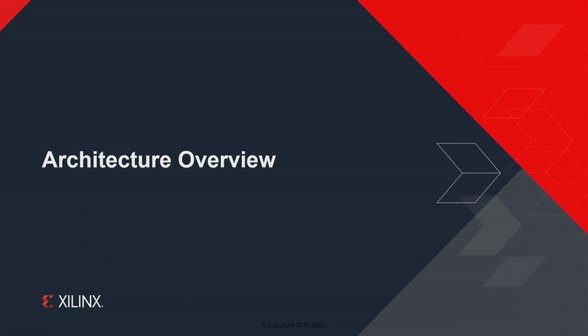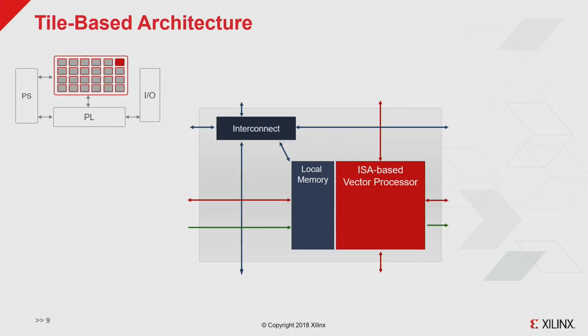Now that I've given you a bit of motivation for why we are doing this architecture, let me dive into a bit more of what it is. As I said before, and that's what the picture in the top left tries to say, it's a modular architecture. We're building one tile as the building element. This is the element that we're going to optimize, and the design team is optimizing to reduce power and area.